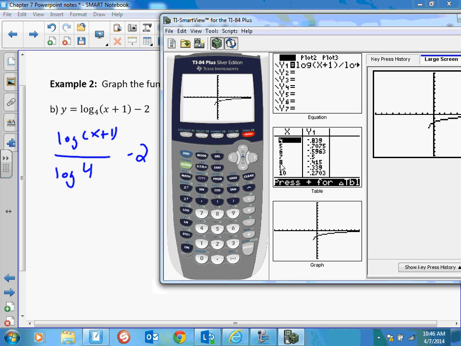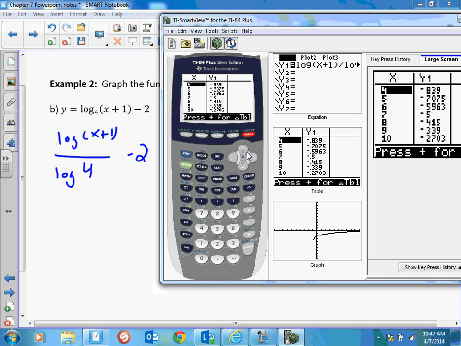Okay, and you can see from there what the graph looks like. Okay, x plus 1, what makes that go to 0? Negative 1. You can see from there, right here, that's our asymptote. That's where it starts to cut off. Okay, so let's make a table and find some points. You can see negative 1 is your first error point. Now, your asymptote will always be your first error point.